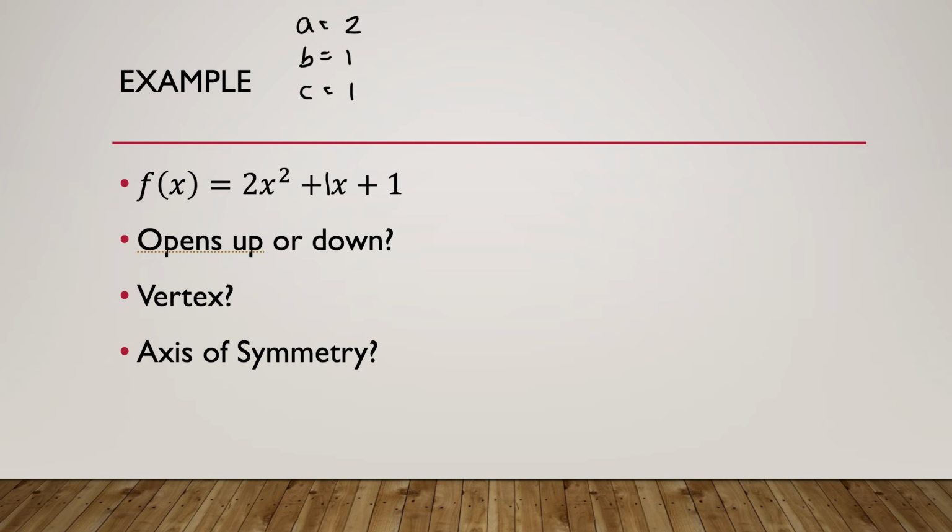Okay, so does the parabola open up or down? So I look at my a. My a is 2. 2 is greater than 0. Therefore, this parabola should open up. Let's find the vertex. So I know that my formula for the vertex is negative b over 2a.